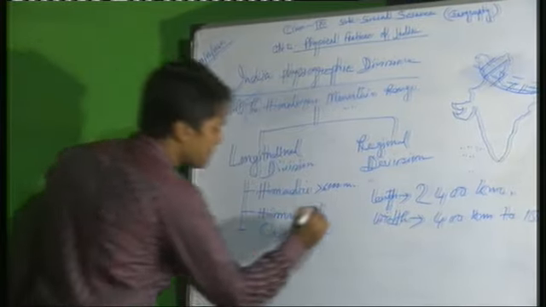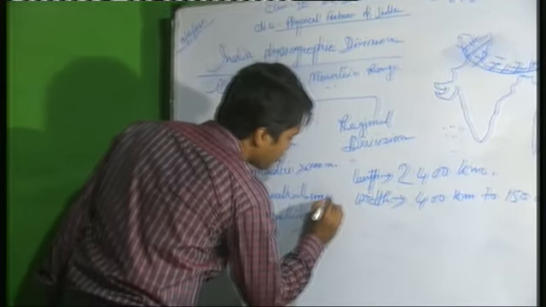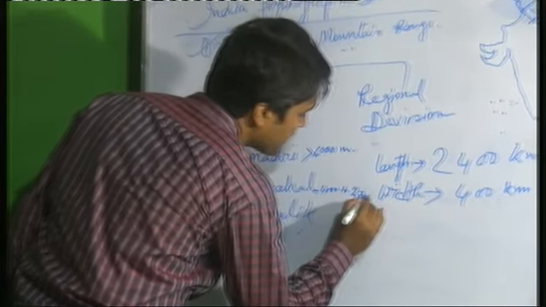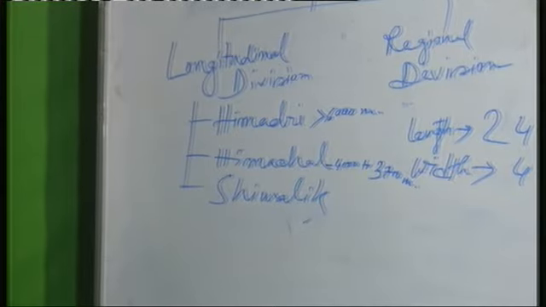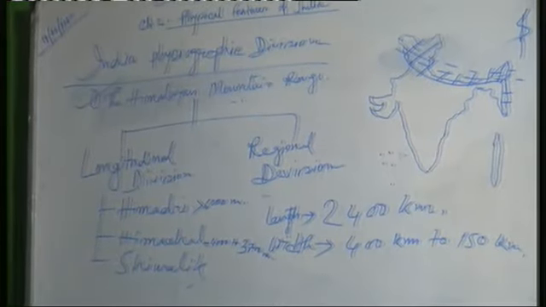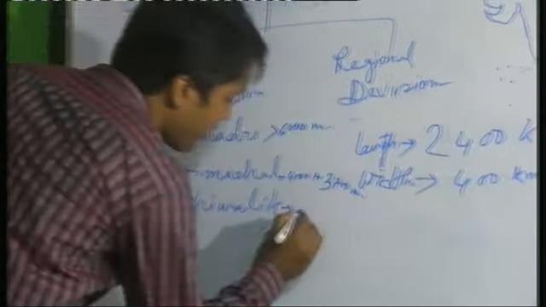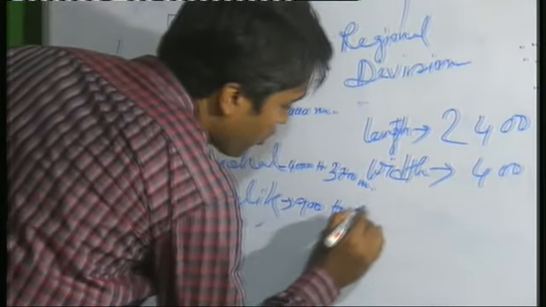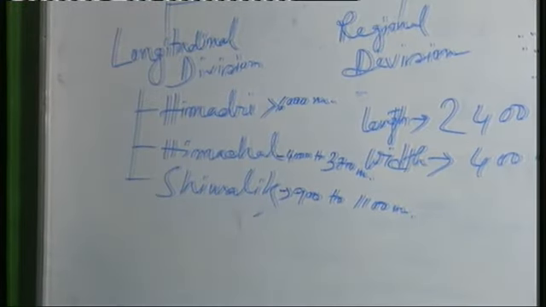Another part is Himachal, south of Himadri. Average height 3700 to 4000 meter. This middle portion is known as Himachal, and south of Himachal, 900 to 1100 meter height, is called Shivalik.